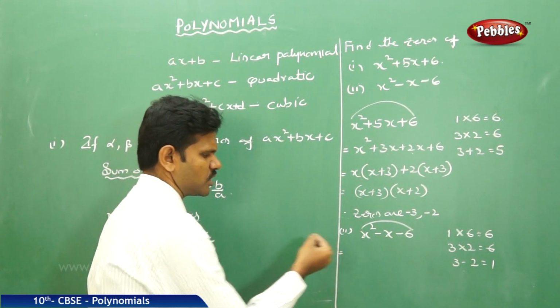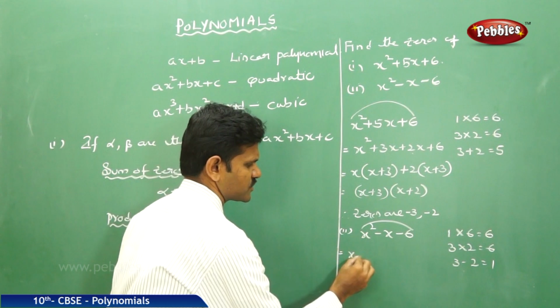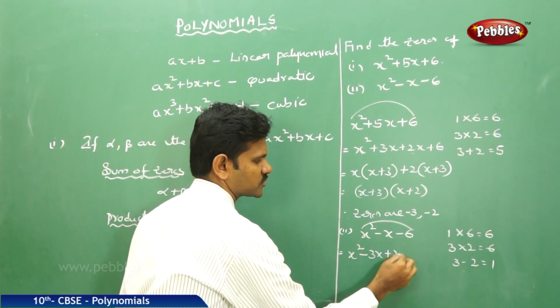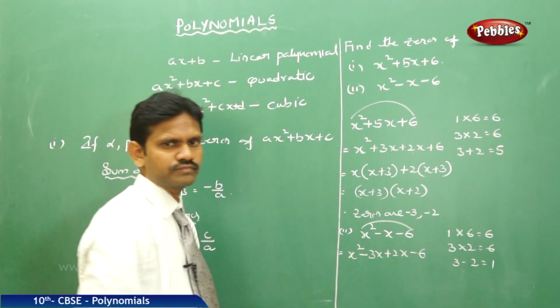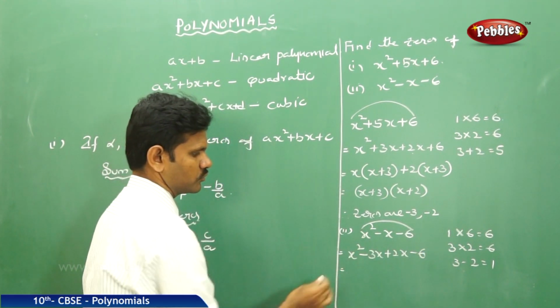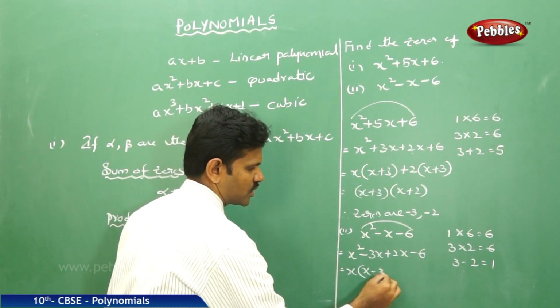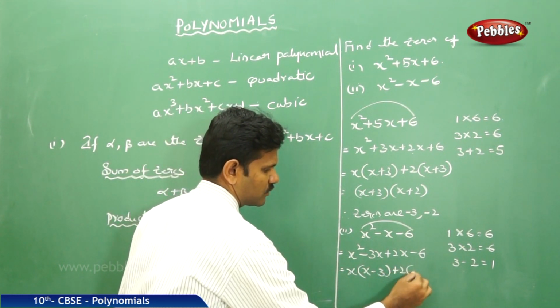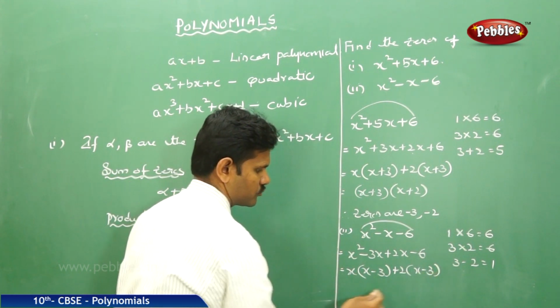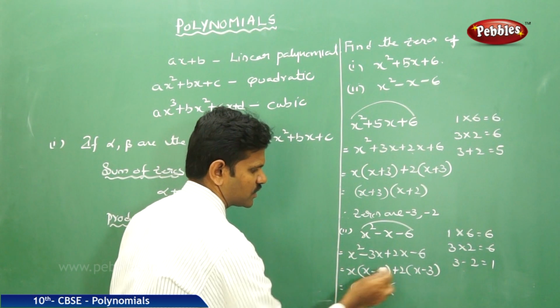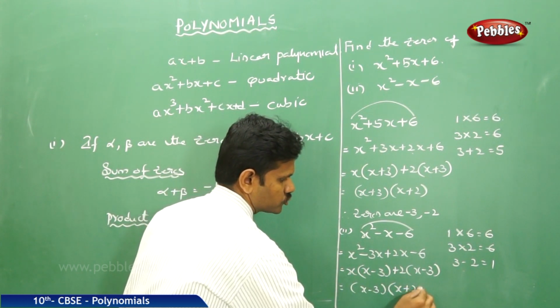Now, arrange this in order. That is x square, I will arrange this as minus 3x plus 2x minus 6. Now from these two take x common, x minus 3, plus take 2 common, x minus 3. Therefore, the common factor is x minus 3 and the other factor is x plus 2.